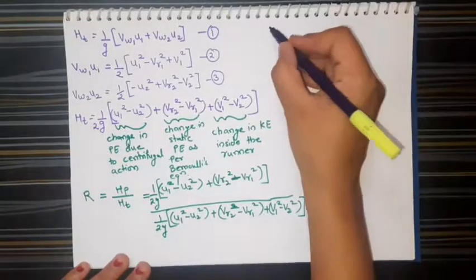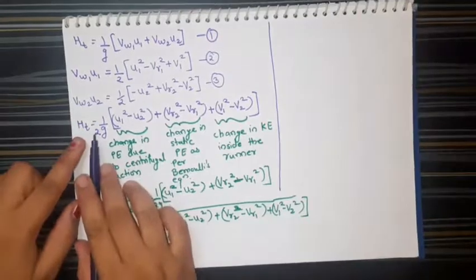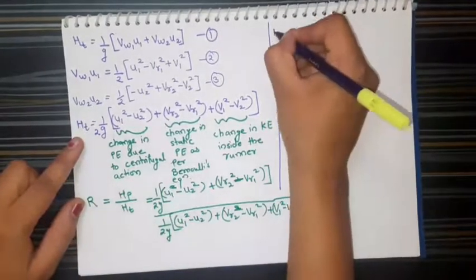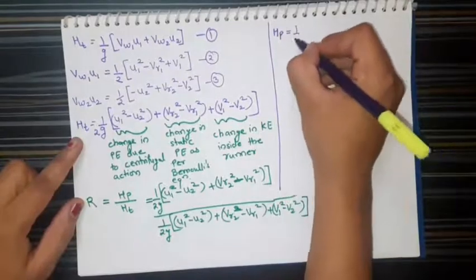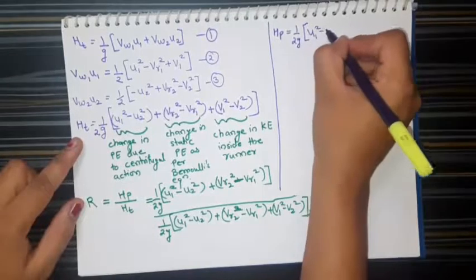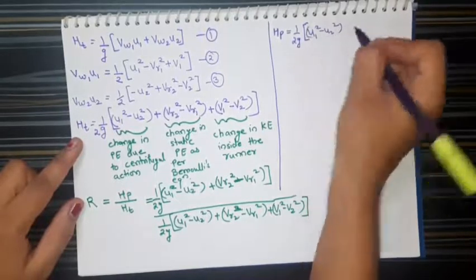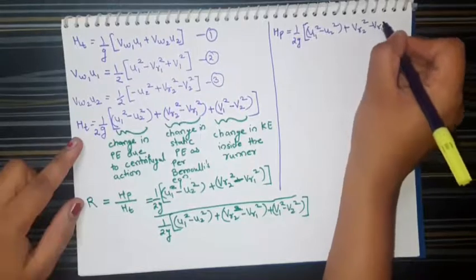Now let's simplify this equation once again. So here we can see, HP is equal to 1 by 2G, U1 square minus U2 square plus VR2 square minus VR1 square.